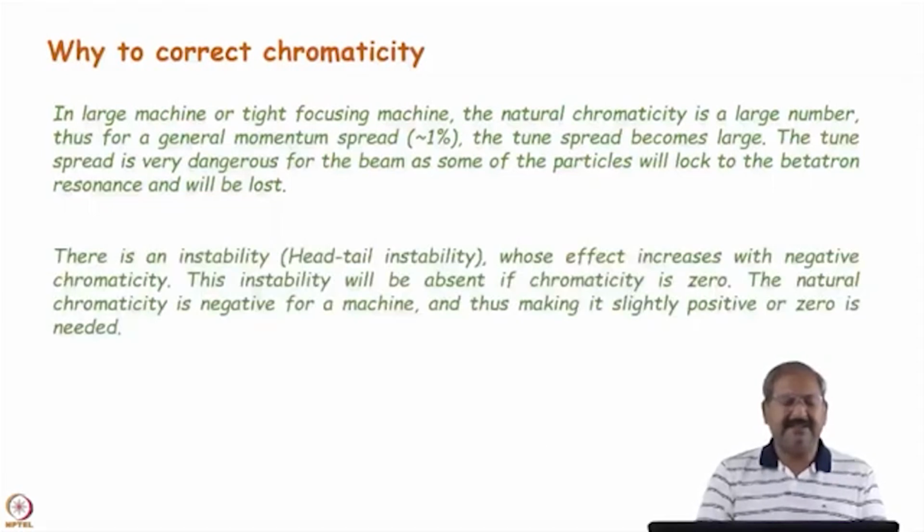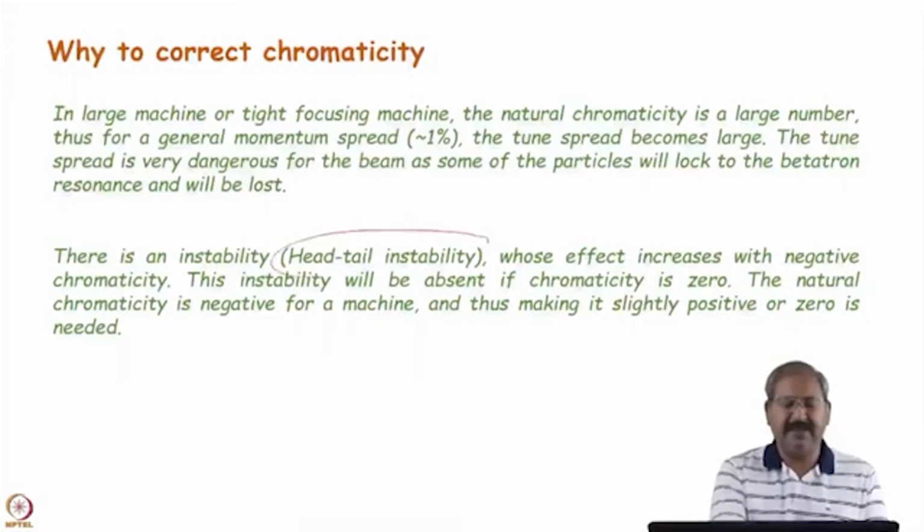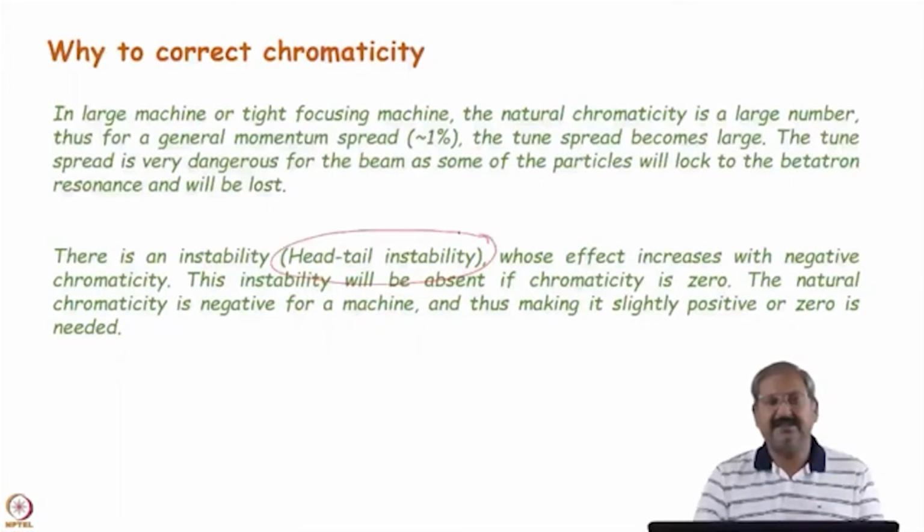The second major reason for correcting the chromaticity is head-tail instability. Actually, in accelerators, when we store a charged particle beam, there are various types of instability which can occur, and these instabilities can cause beam losses.